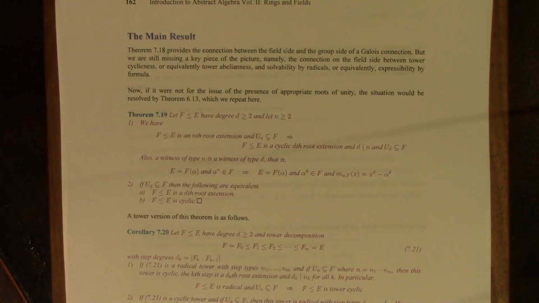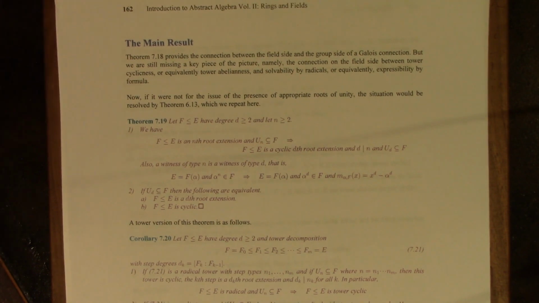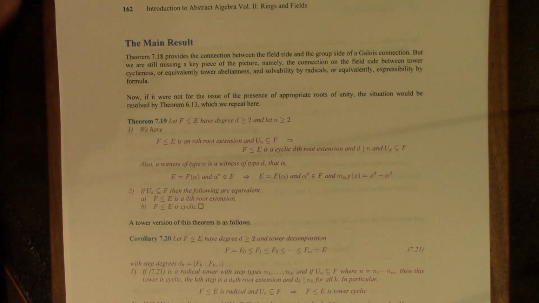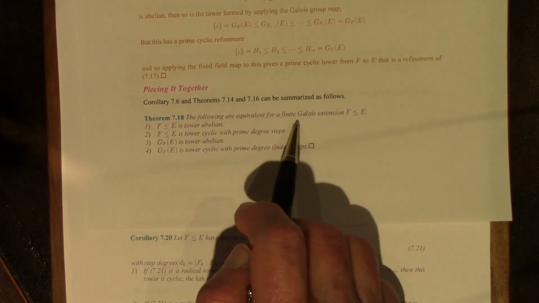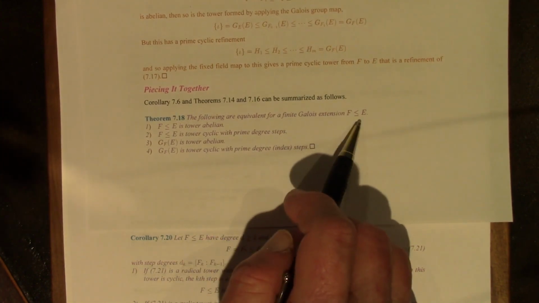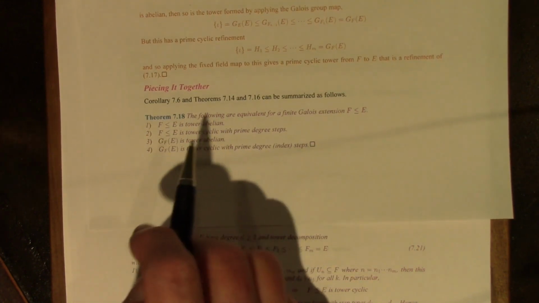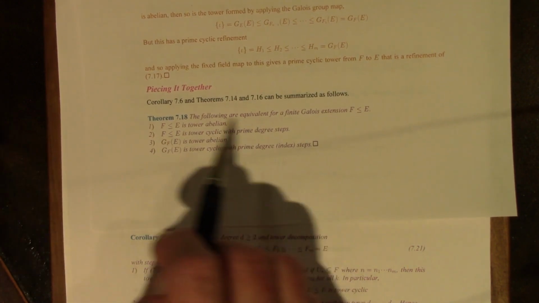We have been talking about solvability by radicals. The last thing we did, let me grab that piece of paper here, is this theorem, which says that the following are equivalent for a finite Galois extension E/F. E/F is tower abelian, E/F is tower cyclic with prime degree steps.